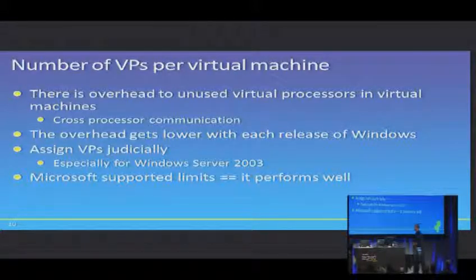The second thing to highlight here is that the overhead that we discuss here is overhead that is taken on by Hyper-V. It is not overhead that is taken on by the virtual machine. What I mean by this is, let's say you have a workload that doesn't take advantage of multiple processors, but you still want to make it a 2-VP system. This is something I do all the time. In fact, this is something that every server admin wants to do, because if it's a server, it needs to have 2 processors.